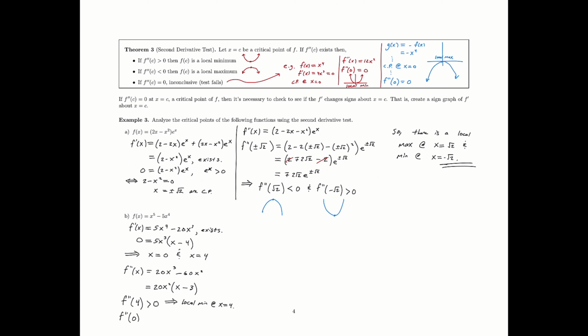However, when we plug in 0, we end up getting 0 because of this term, which means that the second derivative test is inconclusive, which means we will have to fall back and use the first derivative test, which is just comparing the value of the first derivative.